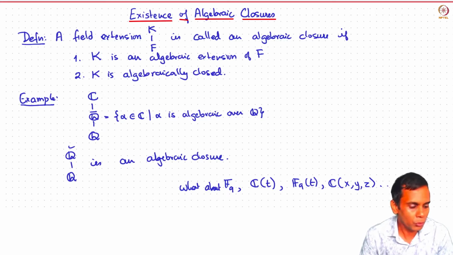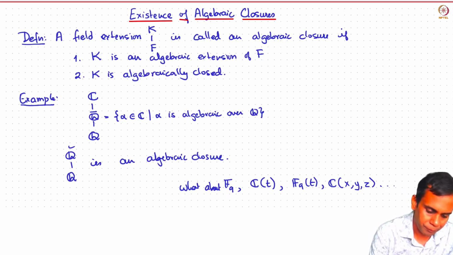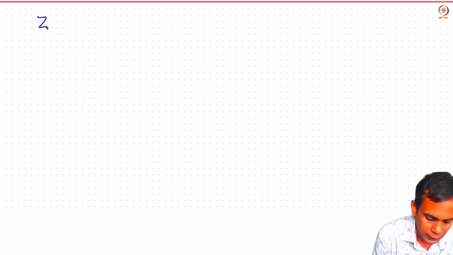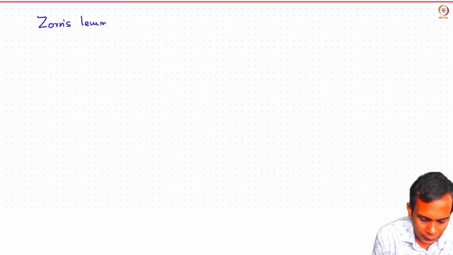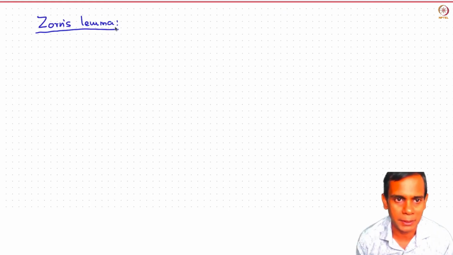Now, the proof uses a very deep axiom of mathematics called Zorn's lemma. So let's talk about Zorn's lemma. I'll state Zorn's lemma first, and then we'll carefully go over the meaning of each of the terms that appears in the statement.